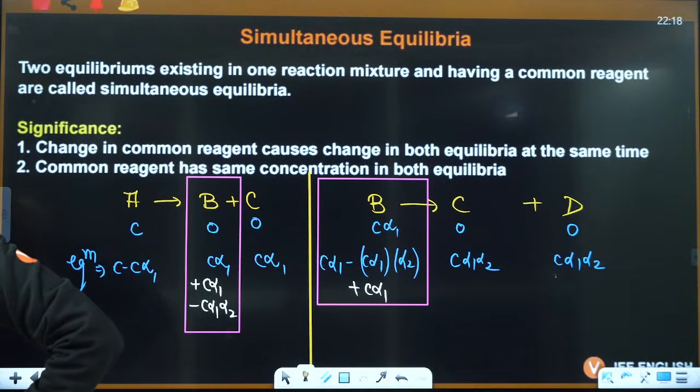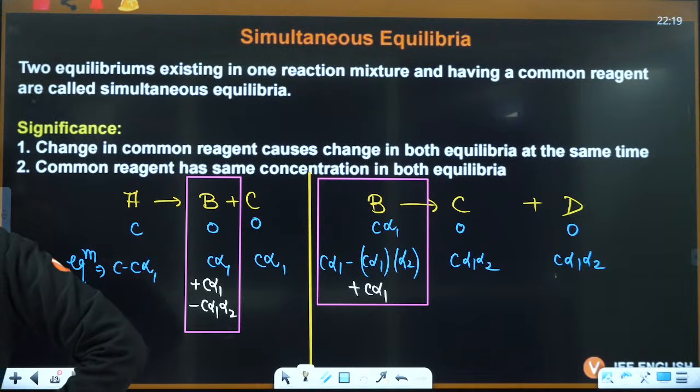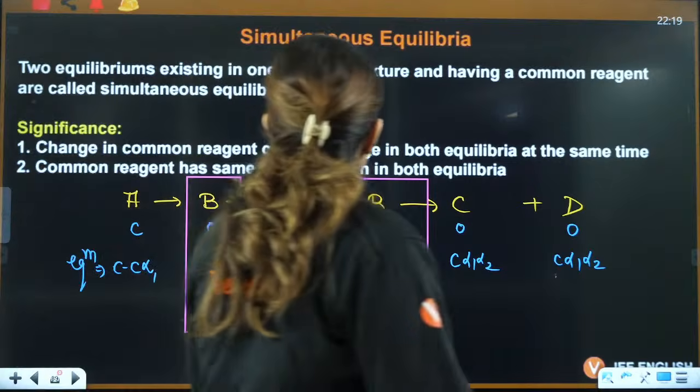Right, everybody? Tell me. Thank you, Sudarshan. The K values are different here.